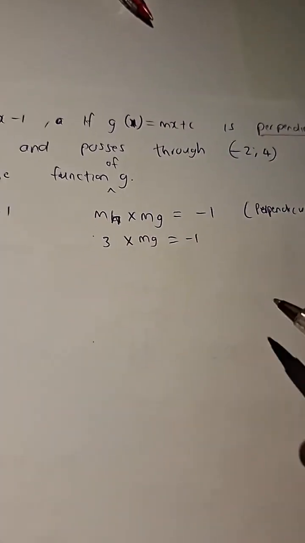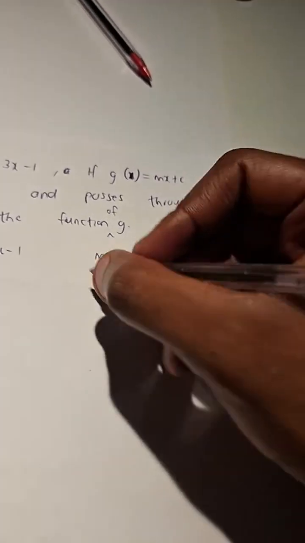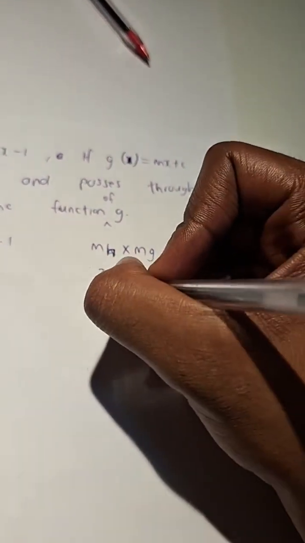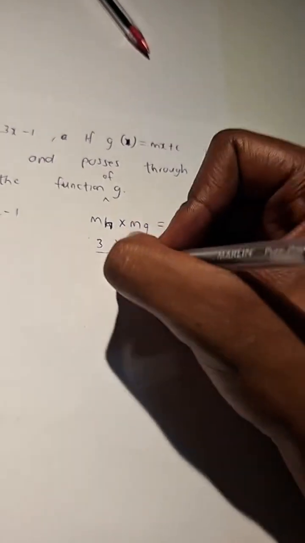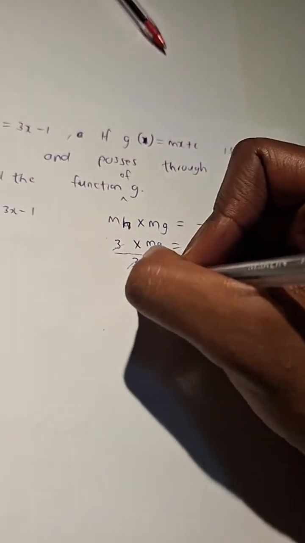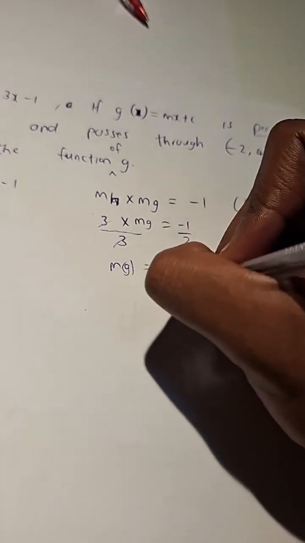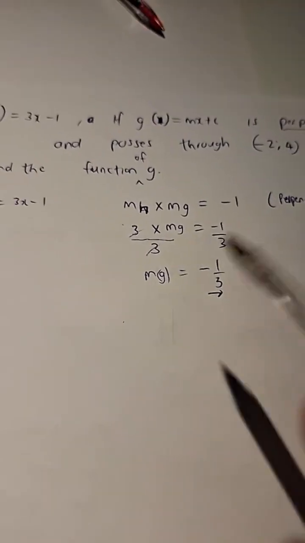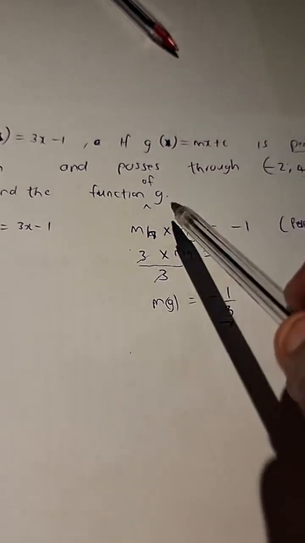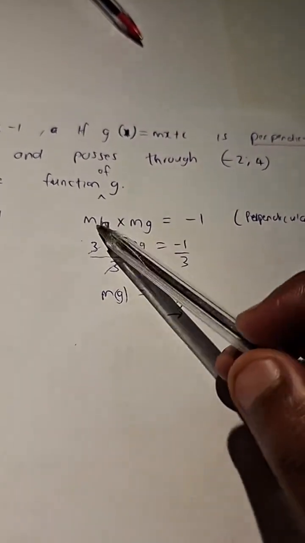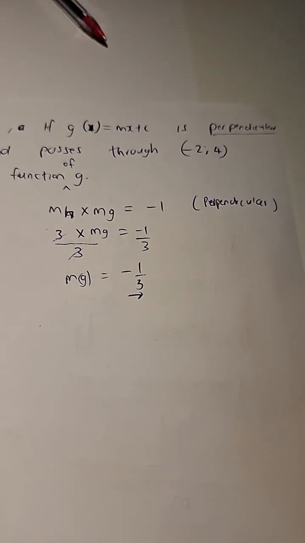Equal to -1. What's the relationship of 3 and the gradient of g? It's multiply. So how do we get rid of 3? We divide both sides by 3. So what is the gradient of g? It is equal to -1/3.